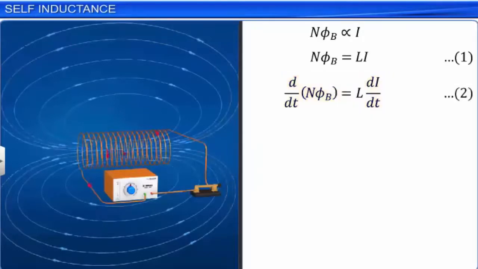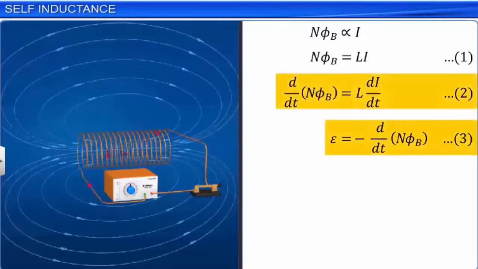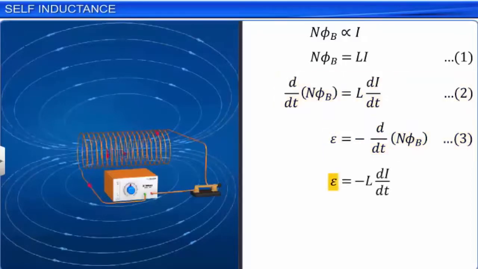From Faraday's law, for a coil of N turns, the self-induced EMF E is equal to minus d/dt of NΦB. Let this be equation 3. Comparing equations 2 and 3, we get E equals minus L dI/dt. Let this be equation 4.